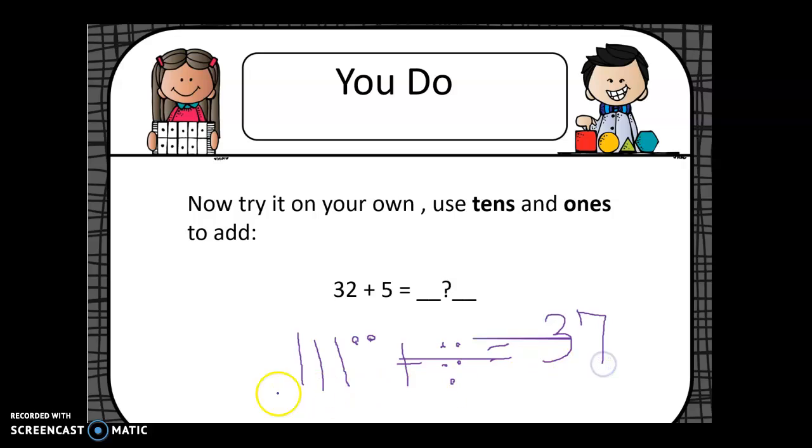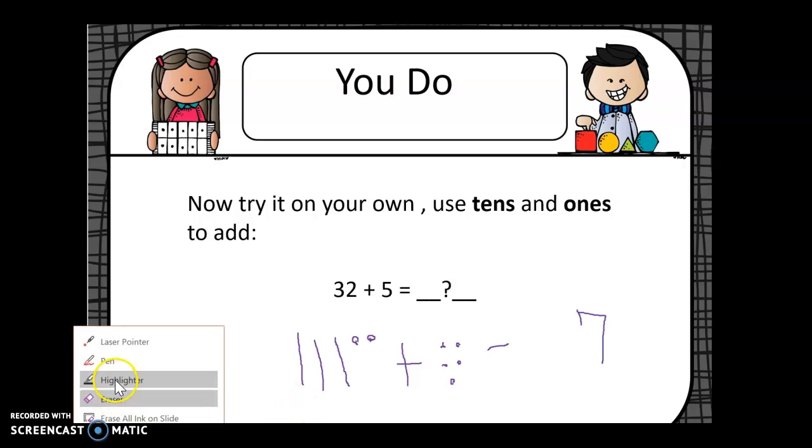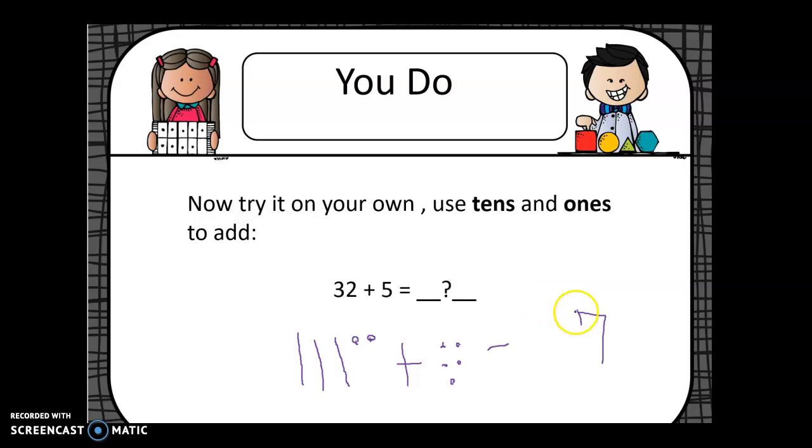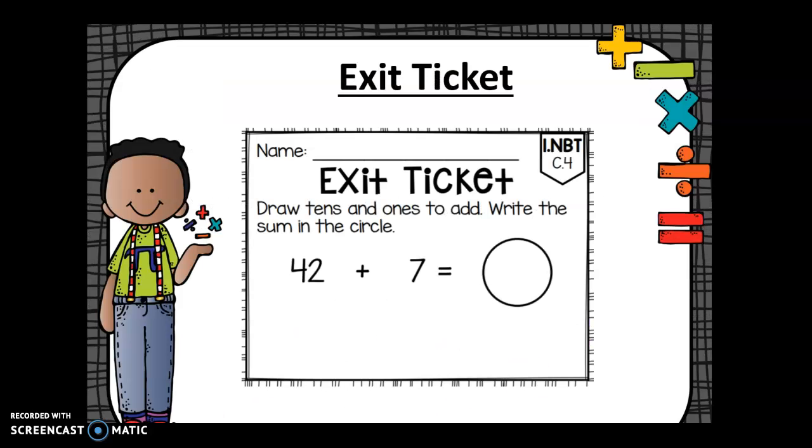Getting a few stray marks here, but let's see if we can erase them. We can't erase too much. Put our 3 back. Oh, we still got that stray mark. Okay, so now let's go ahead moving forward.